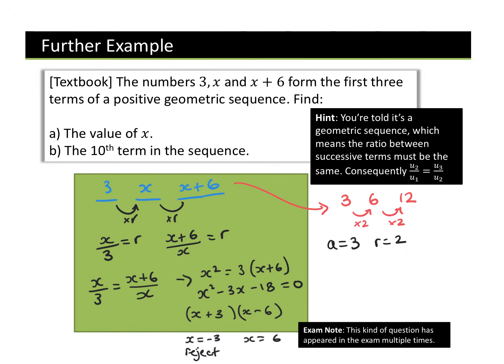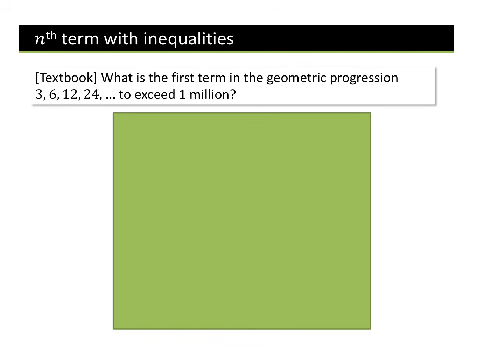If they want the 10th term, that means our n equals 10. So u10 equals A multiplied by r to the power of n minus 1. Now, when I put this into my calculator, I then get 1,536.